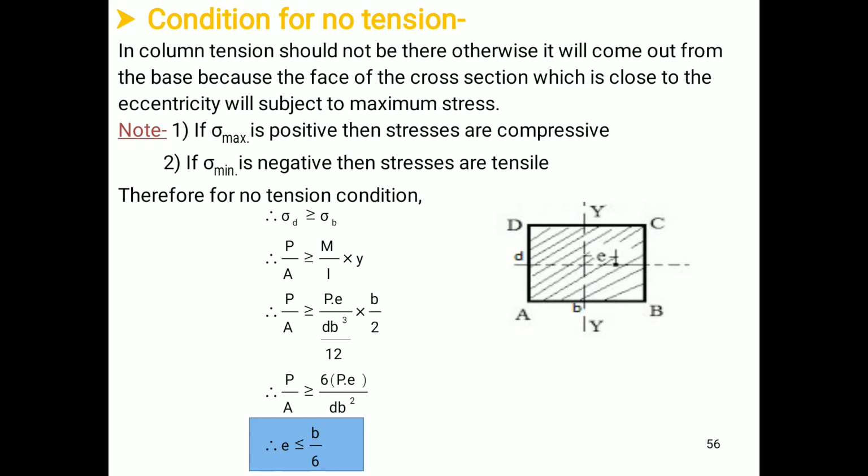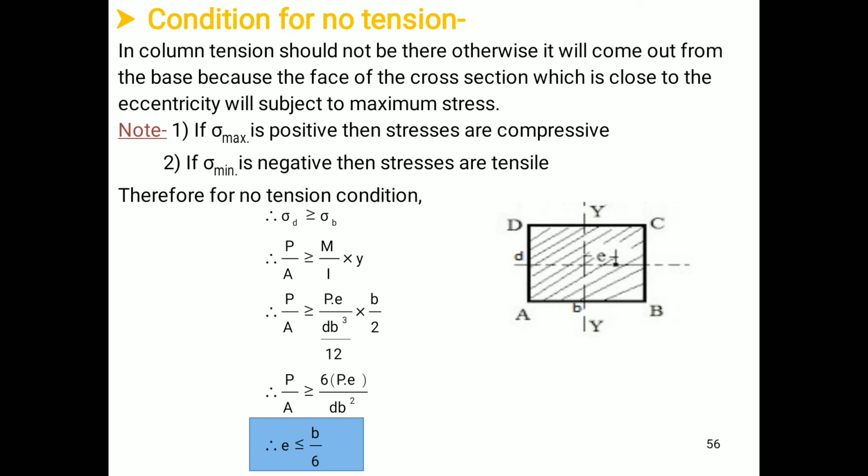The value of y is b by 2, the distance of the centroidal axis from the extreme fiber. Therefore on solving this equation again we have P by A greater than or equal to 6 P e upon d b square.